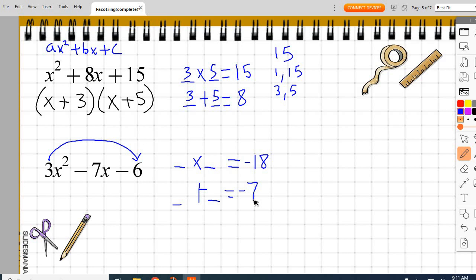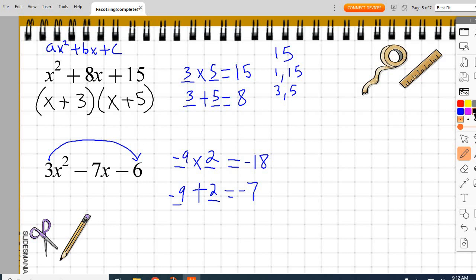So the setup part is pretty simple. Again, we can go through our factors of 18. What do we think? 2 and negative 9. Okay, but then this part is a little bit different than what we did up here. Notice that I can't just put a negative 9 and a 2 like I did on my first one, because then x and x will not multiply to give me 3x squared.